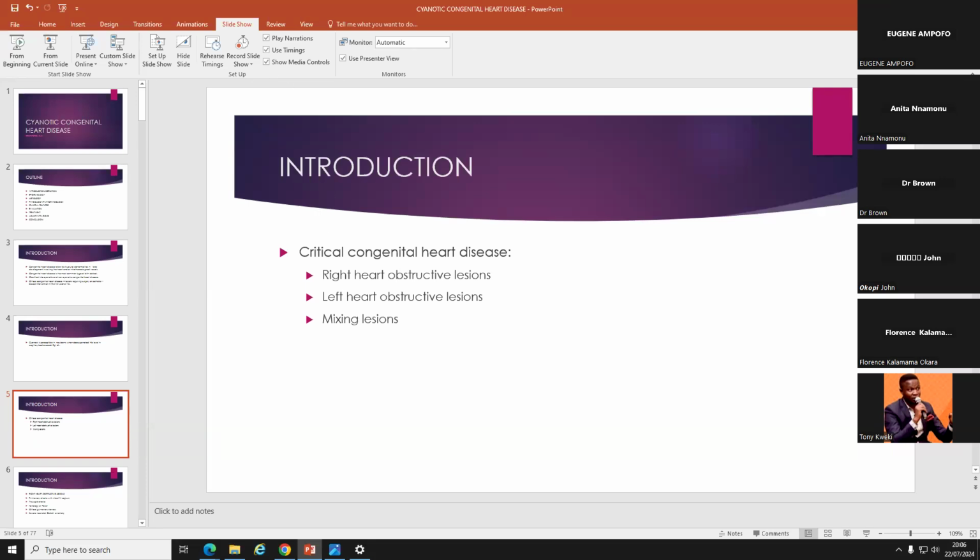Just go to slide share at the bottom right of your screen, and screen view, and click on it.